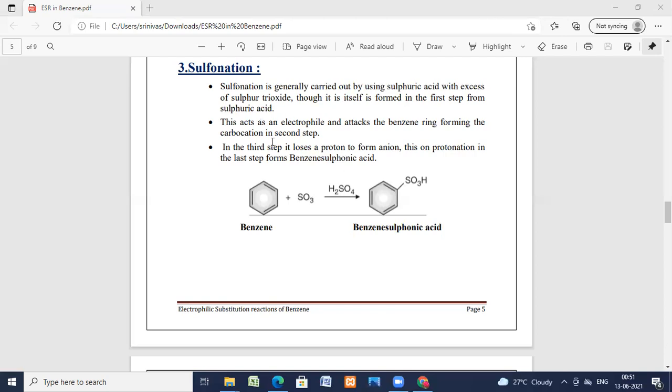So, first step, the electrophile is generated from the reagent.